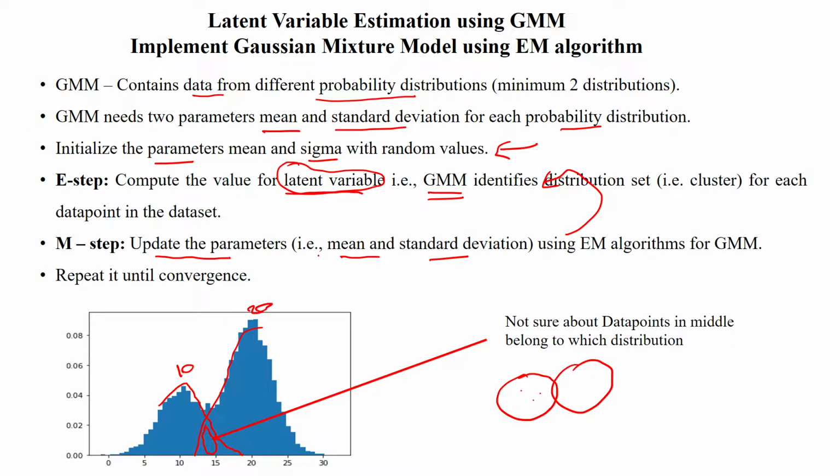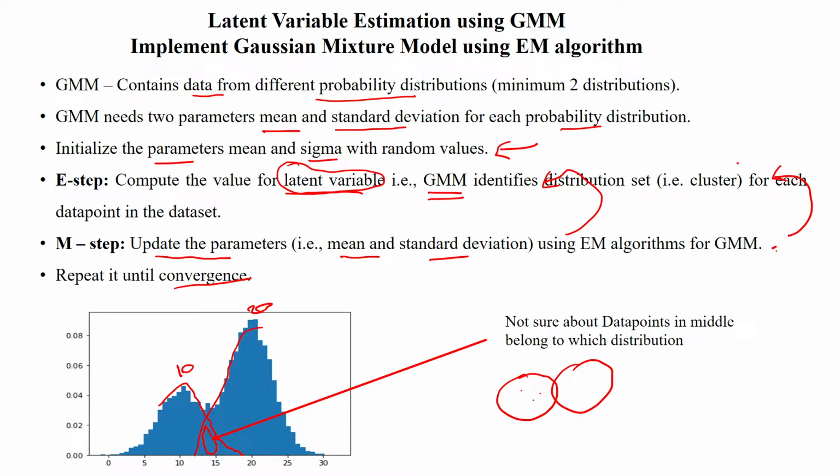We keep on computing the clusters and updating the parameters until we reach convergence, which means the data points belong to specific clusters. So this is the algorithm of GMM.